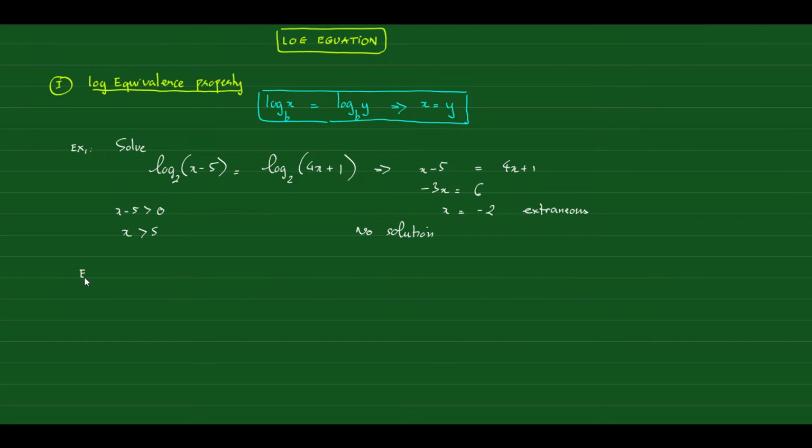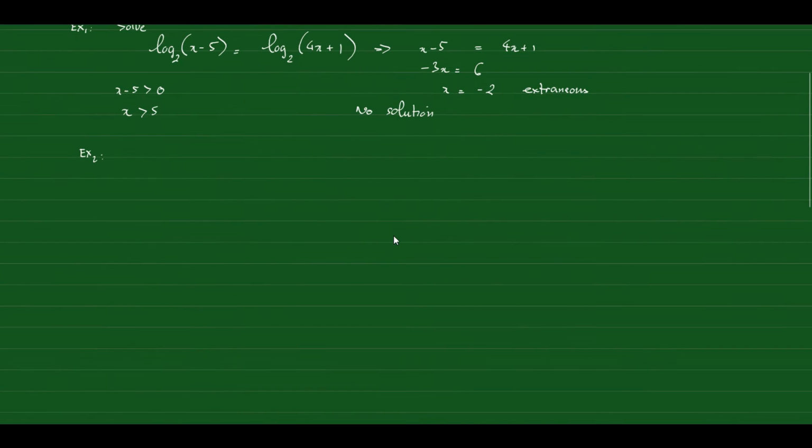Let me give you one where you can solve for x and that x is a solution. How about this one: log base 8 of x plus 2 equal to log base 8 of 2x minus 1.